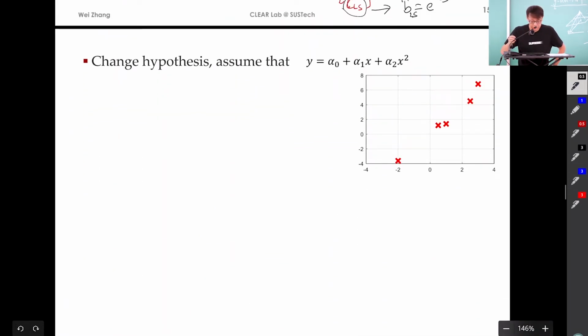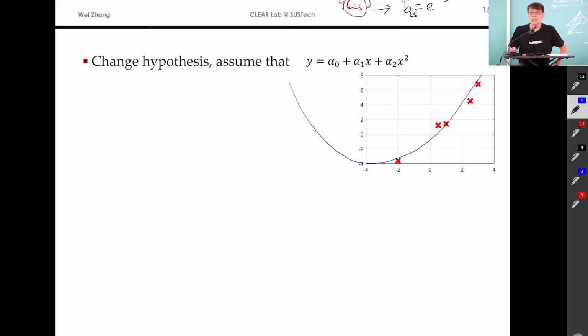Okay, now let's do one more. Let's say now I want to assume it's a quadratic function. Can you see that? I think it's not a line, it's almost like a quadratic like this. That's a valid assumption, right? You can argue that way. And if you assume quadratic, then your model and the relation with your data is like this. Okay? So that's your measurement equation.